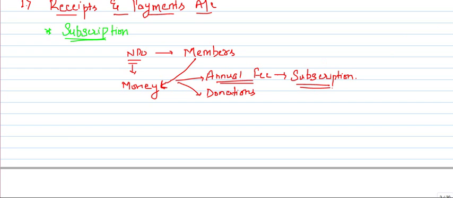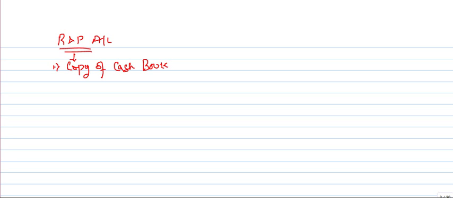Now coming to receipts and payment account. Now what is a receipts and payment account? It is just a copy of cash book, right? So you can say this receipts and payment account is a copy of cash book, right? What does it mean?